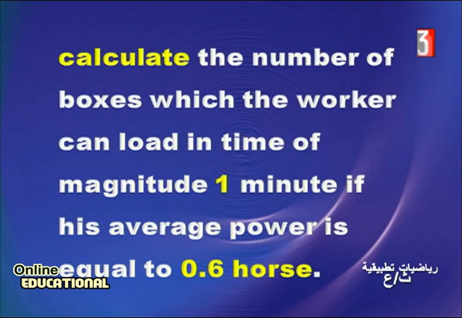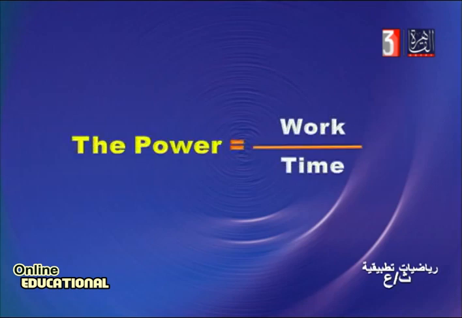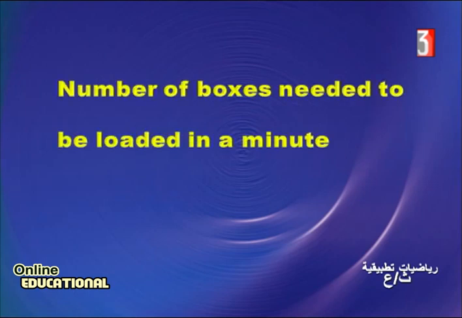We know that the power equals total work over time. Then the power equals number of boxes times work needed to load one box over time. Then number of boxes needed to load in 1 minute equals power times time over the work to load one box.